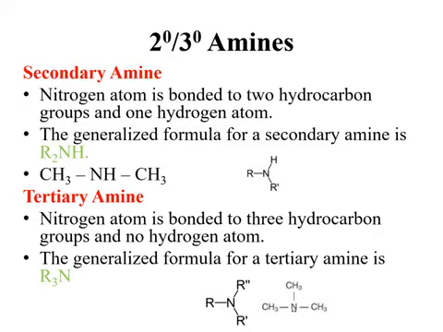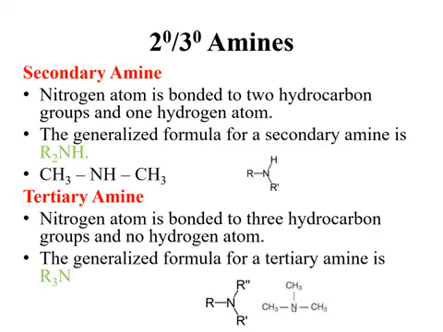Now we come towards the third class of amines, that is tertiary amines, in which the nitrogen atom is bonded to three hydrocarbon groups and no hydrogen atom. The generalized formula of a tertiary amine is R3N, and we can see in the open structure all of the bonds of nitrogen are to different or similar alkyl groups.